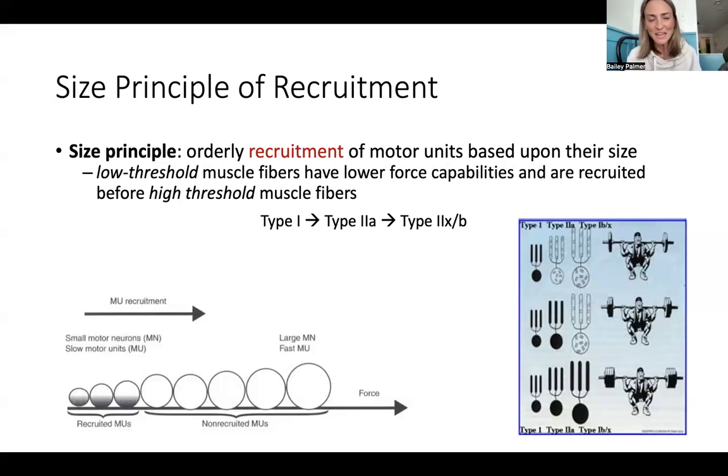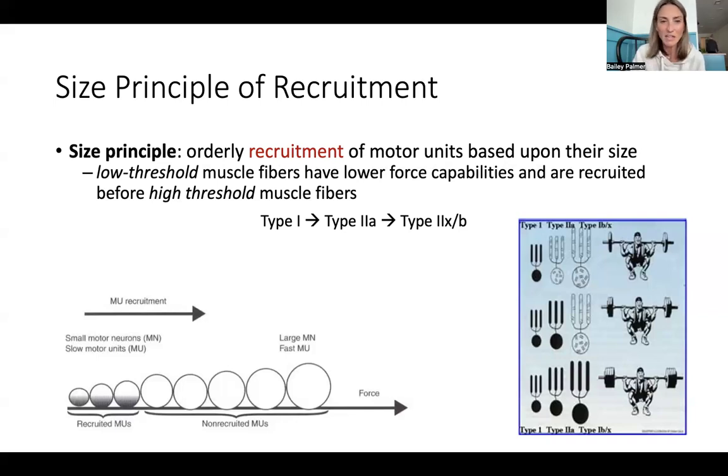The higher threshold motor units exist a little bit more negative, could be anywhere from -60, -65, and take more effort, more force to activate. If you look at this other picture down here at the bottom, when we start doing any type of activity with lower force capabilities, we're recruiting those smaller motor units first.